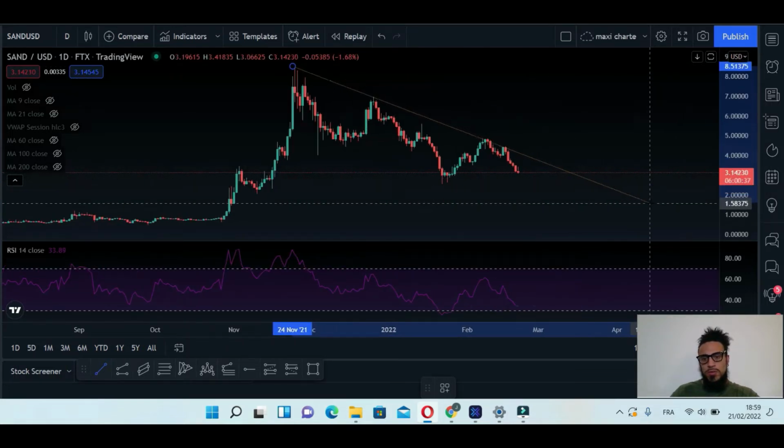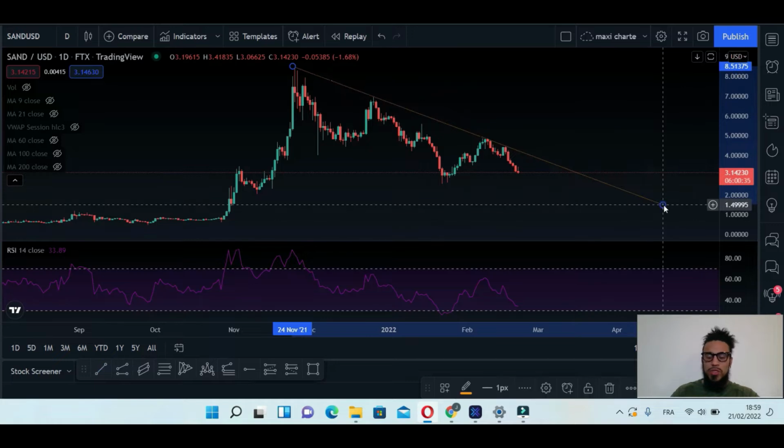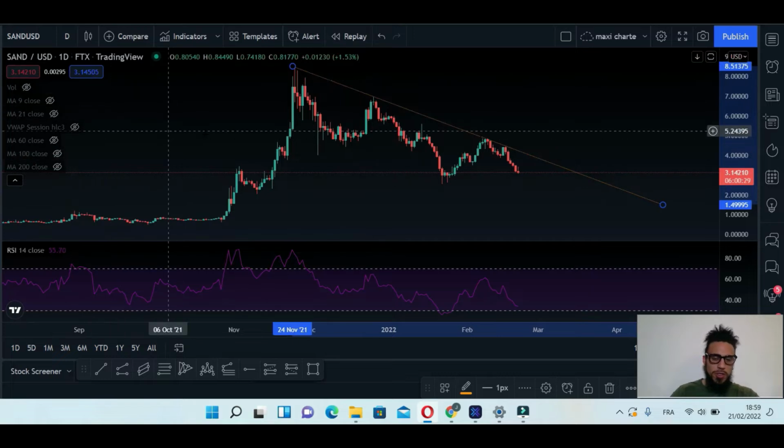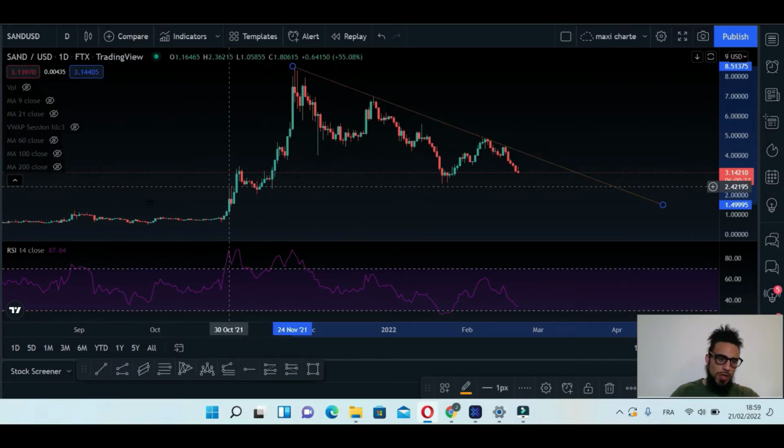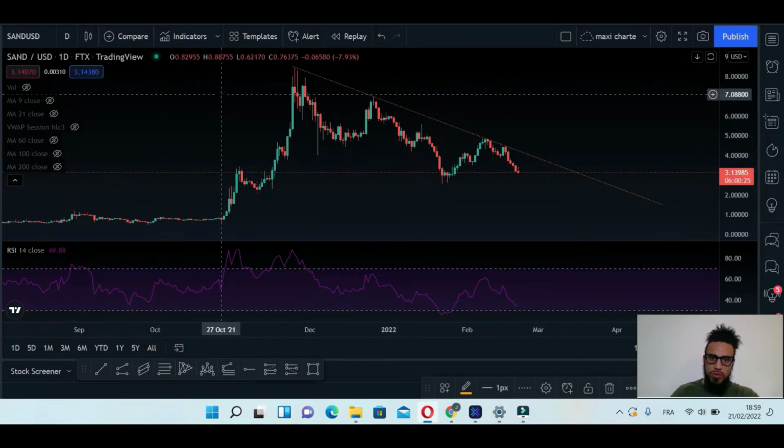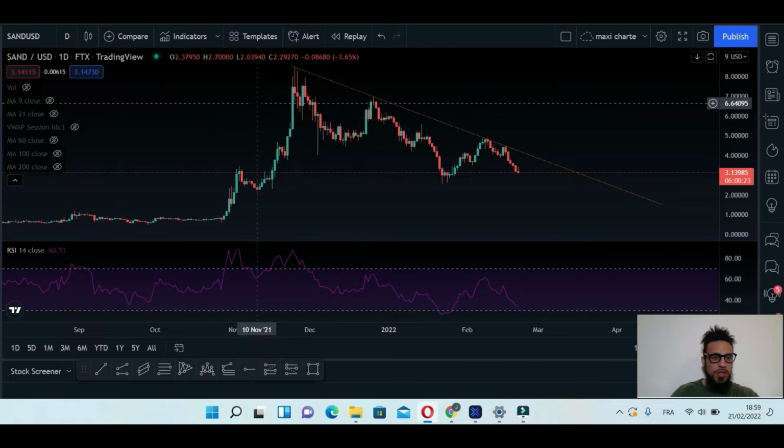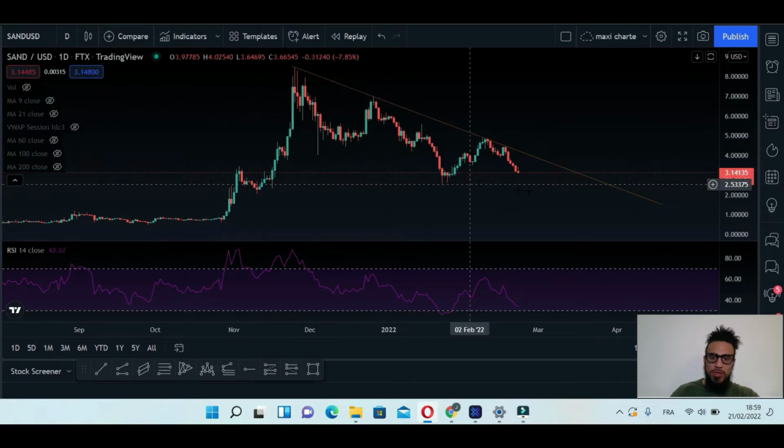This is also a nice little trend line, which is a retail investor and trader strategy. So it's not really the smart money concept strategy or chart analysis that you would commonly see.